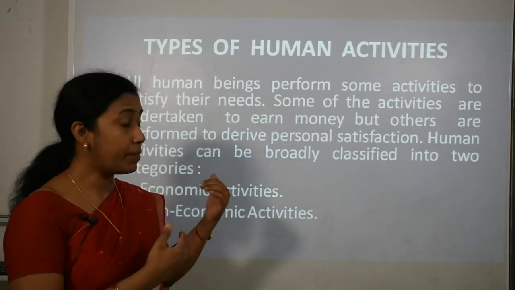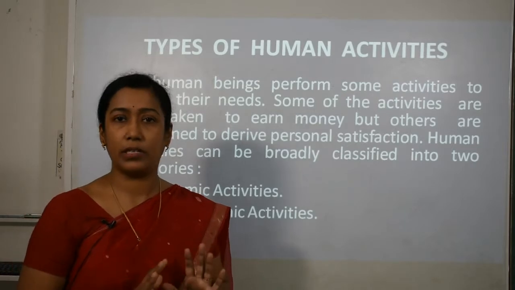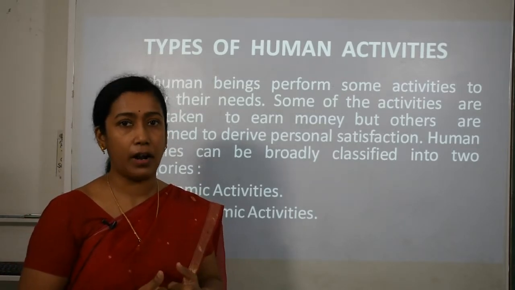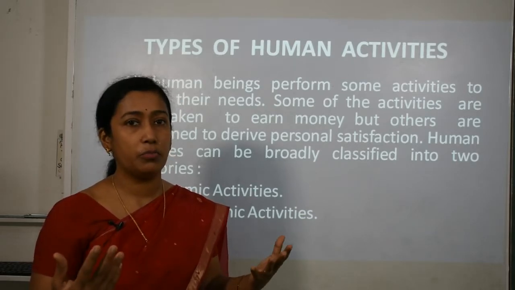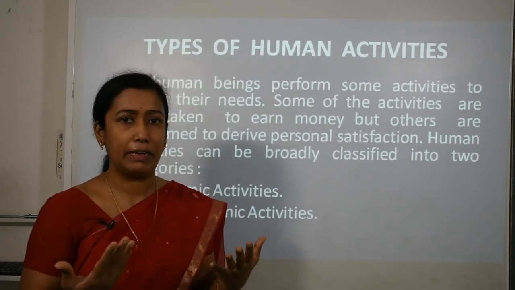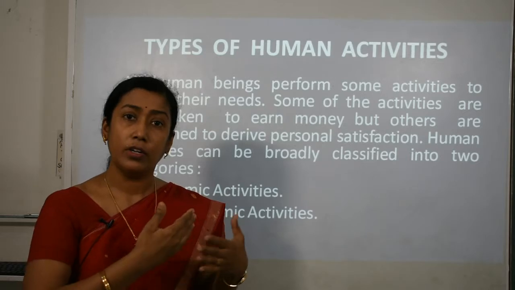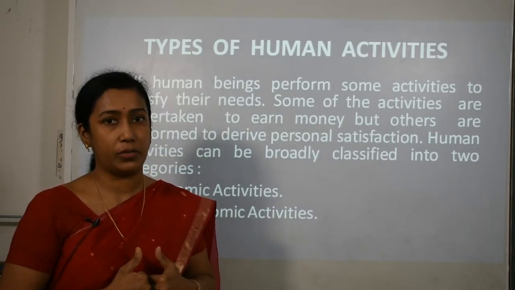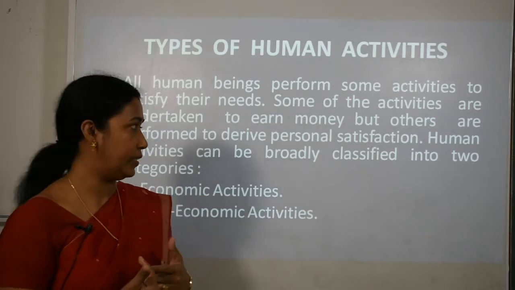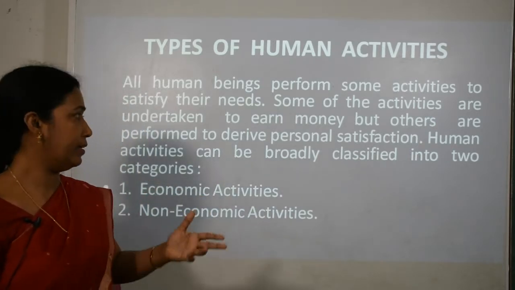And some activities are done just for personal satisfaction, like charity, going to temple, mosque, church, and many other religious practices. All these are for our mental, psychological satisfaction, that is non-economic activities, which we will do later.